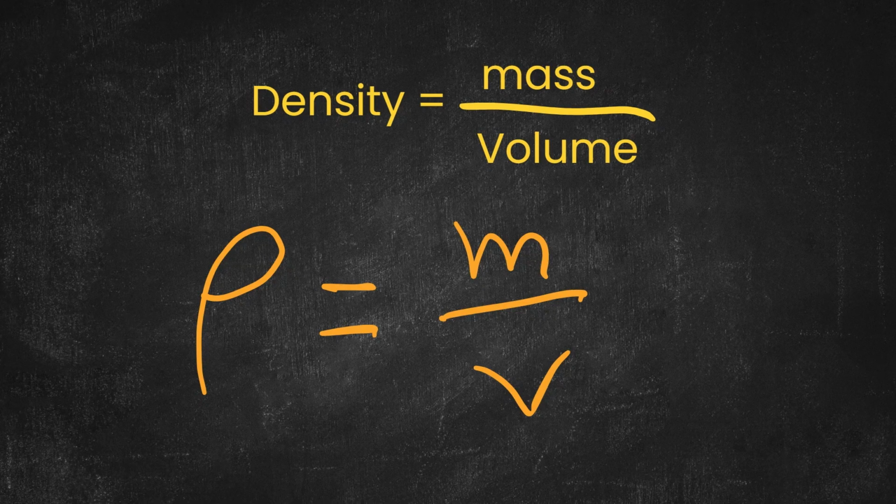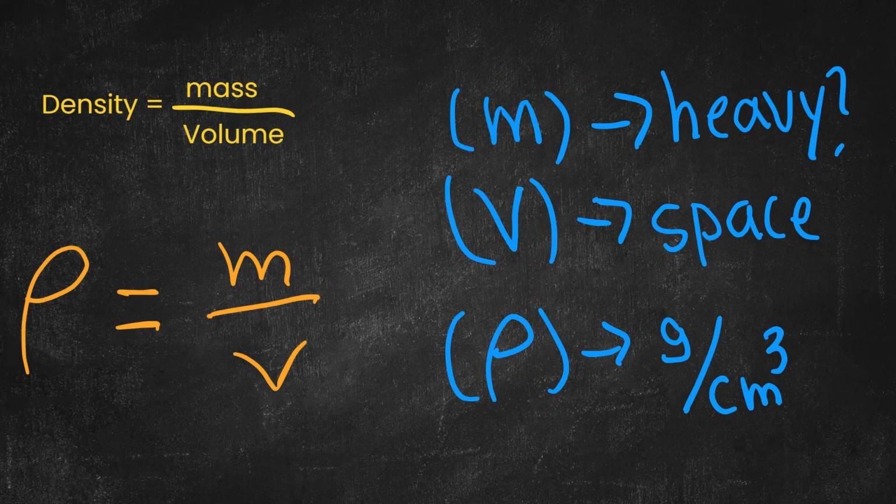Now, let's talk about the formula. What does each variable mean? Well, mass, the letter m, the variable m, simply means how heavy something is. This can be measured in grams or kilograms, while v, the variable v, stands for volume, and that simply means how much space there is, and that can be measured in cubic centimeters or cubic meters.